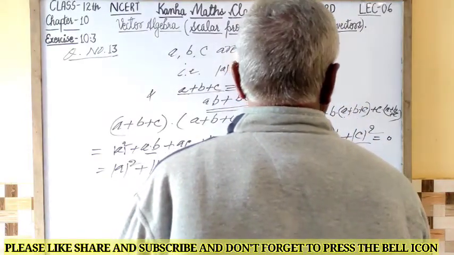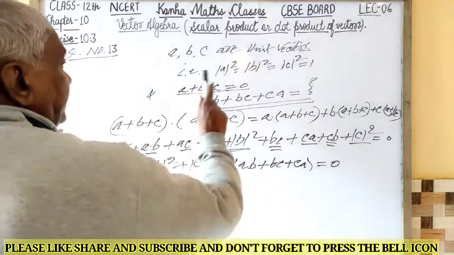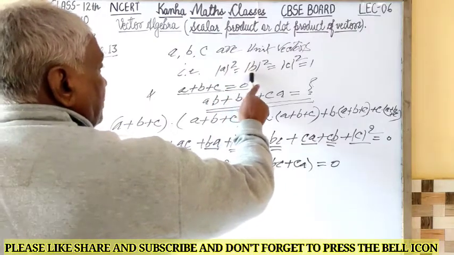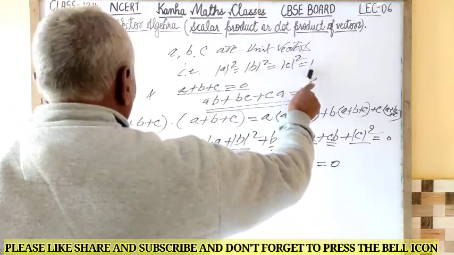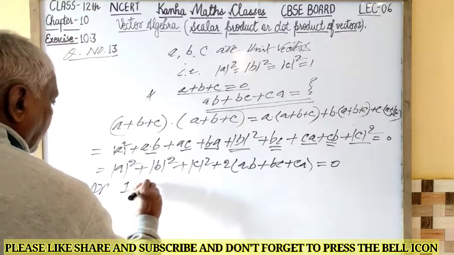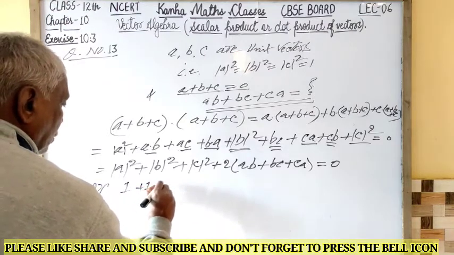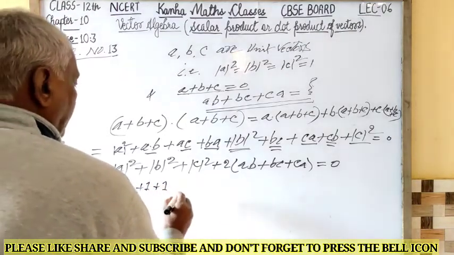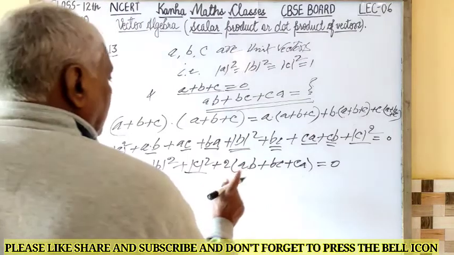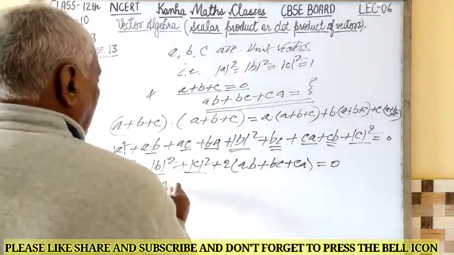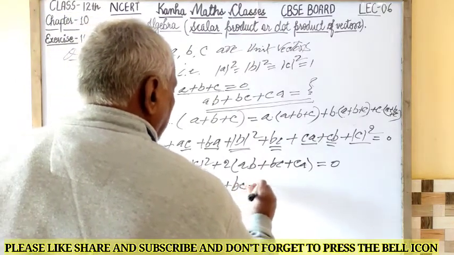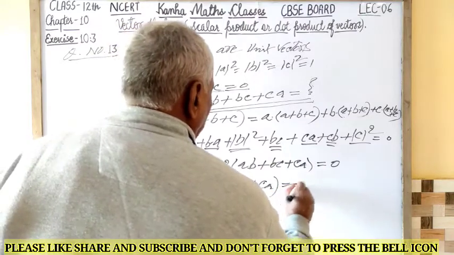It's given that vectors A, B, C are unit vectors. By virtue of being unit vectors, mod of A square, mod of B square and mod of C square are each equal to 1. Here we will write 1 plus 1 plus 1 plus 2(A.B plus B.C plus C.A) is equal to 0.